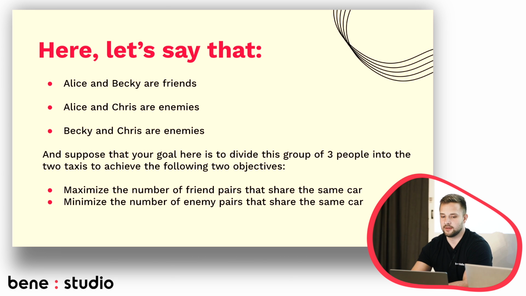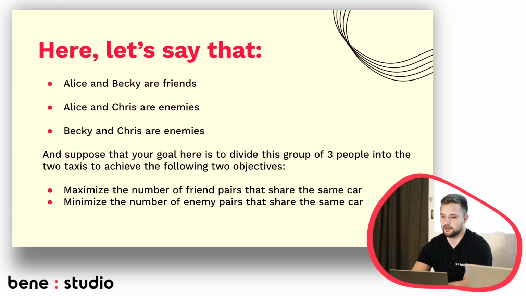Let's say that A and B are friends, A and C are enemies, and B and C are also enemies. Our goal is to maximize the friend pairs sharing the same car and minimize the enemy pairs sharing the same car. So this is the basic premise of this problem.